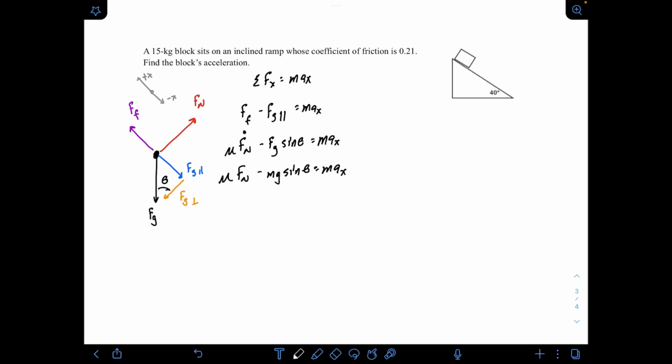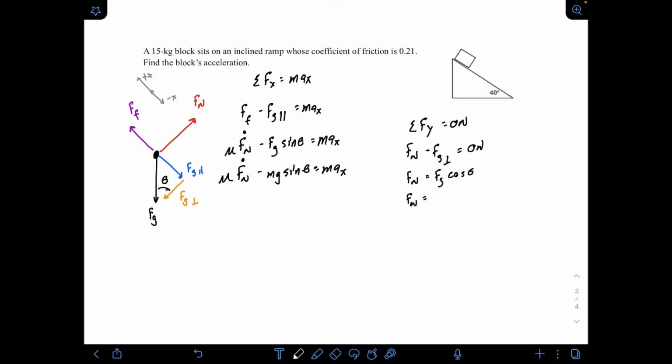I still need to figure out what my normal force is, so I can jump over to the y side, or the y direction, and the assumption we can make is there's no acceleration happening in the y direction, which means the normal force minus the perpendicular component of gravity is 0. So I know the normal force is equal to Fg cosine theta.